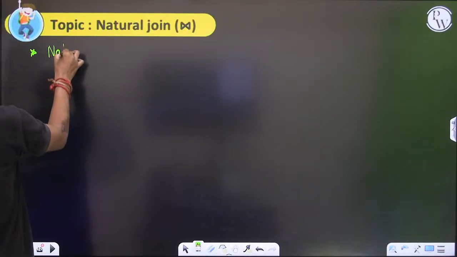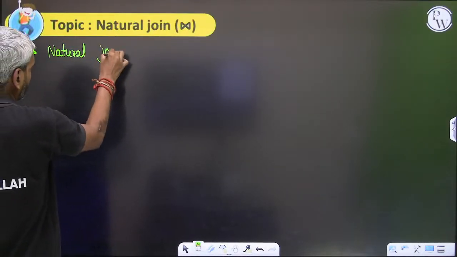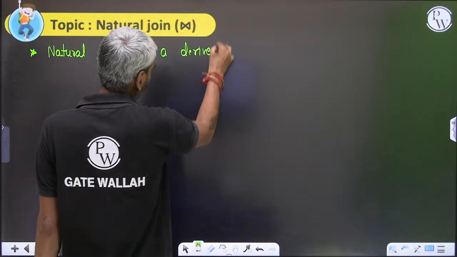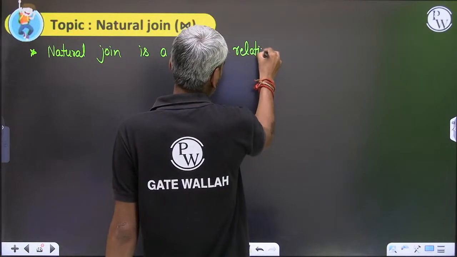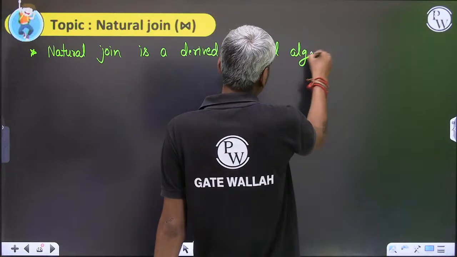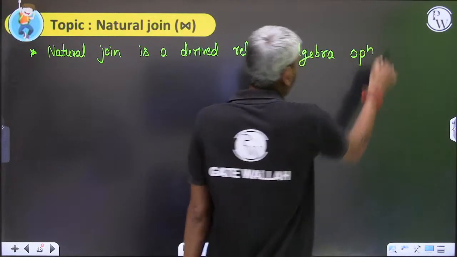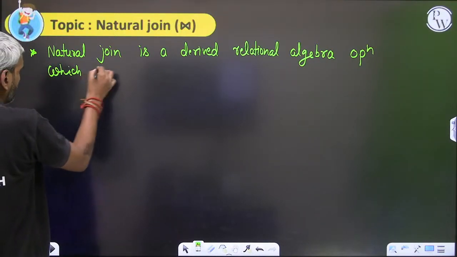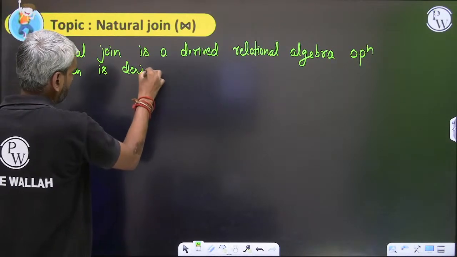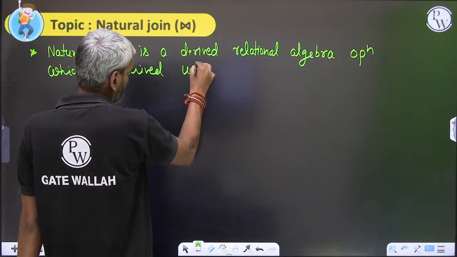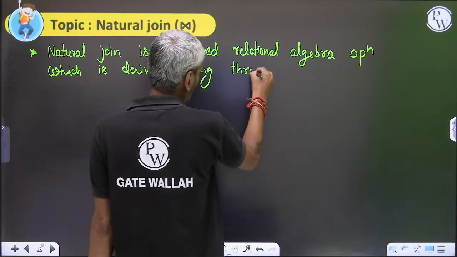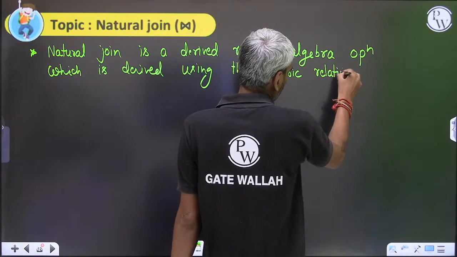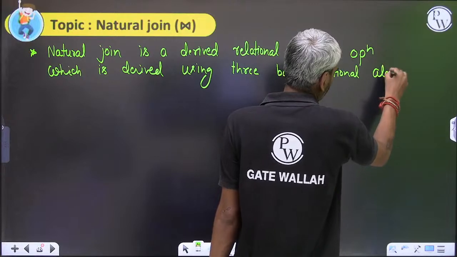Natural join is a derived relational algebra operation, this is important, which is derived using three basic relational algebra operations.